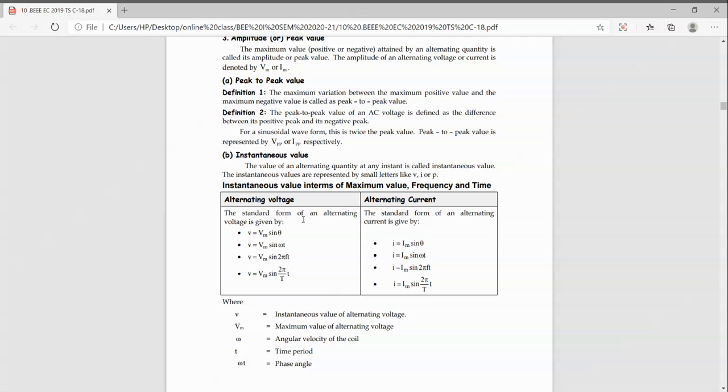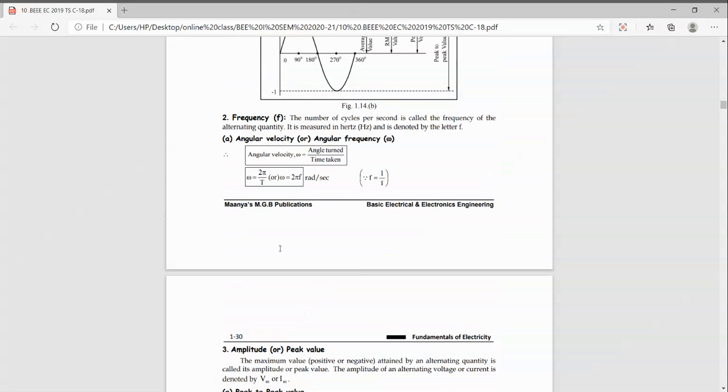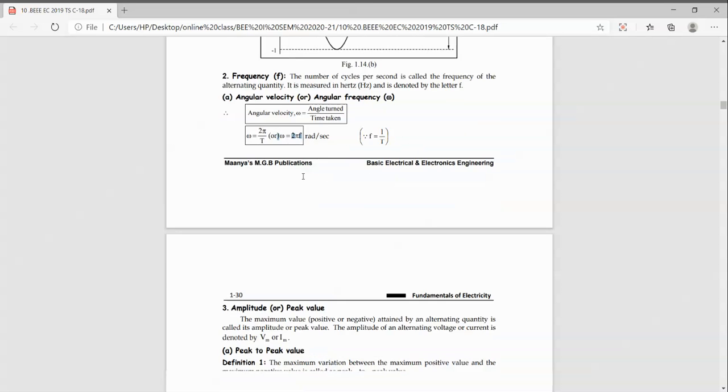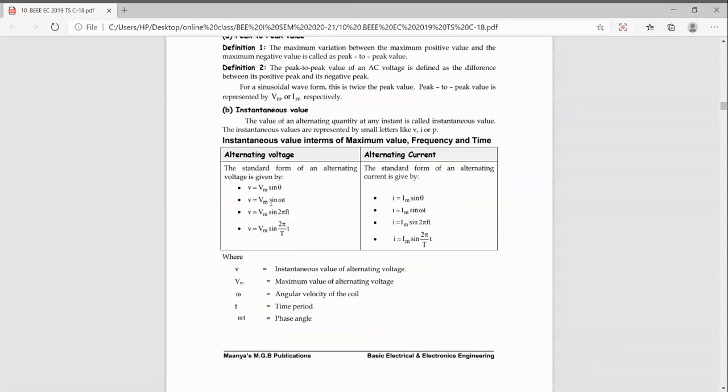This is the standard form of an alternating voltage. The instantaneous value v is equal to Vm sine theta, or it can be written as Vm sine omega t. But omega is nothing but 2 pi f, so we directly substitute it: v is equal to Vm sine 2 pi f t.